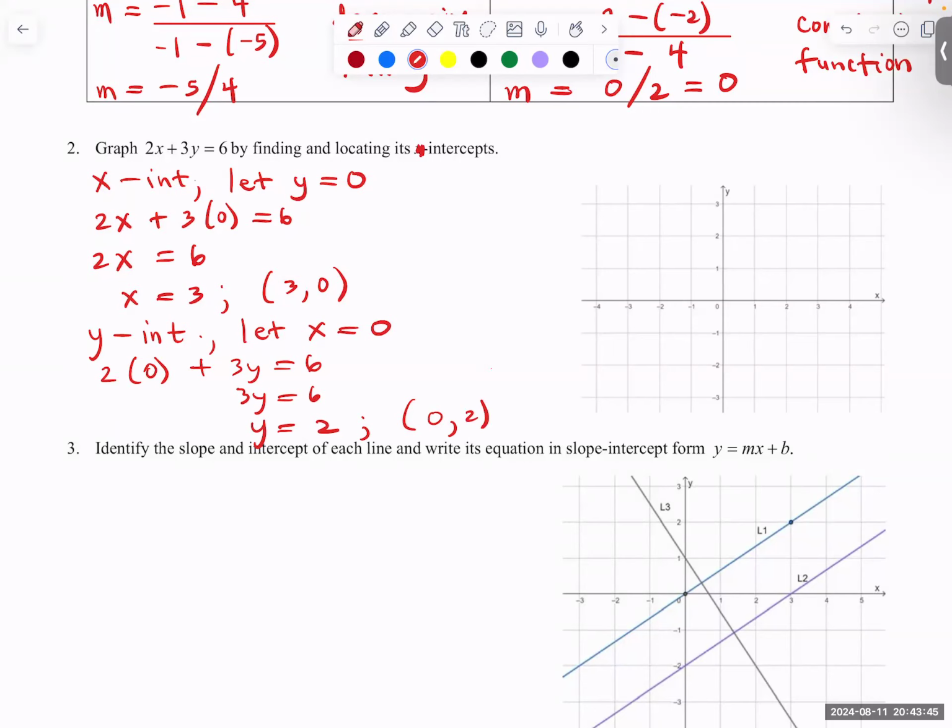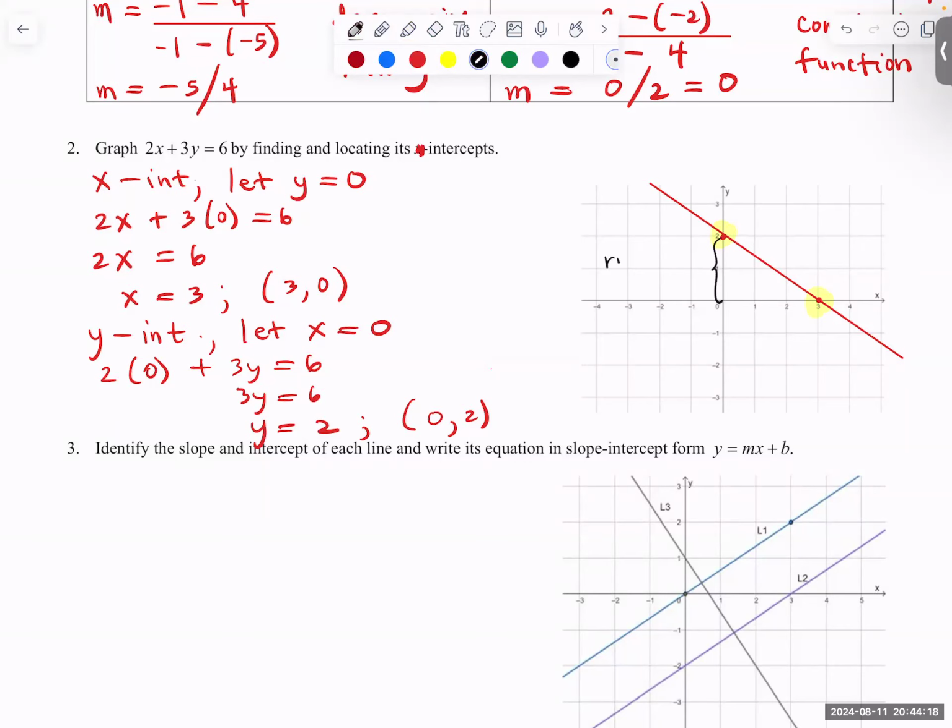So let's graph 0, 2 and 3, 0 and draw the line containing these 2 points. And the line is falling, therefore the slope is negative. And if we highlight these 2 intercepts with yellow highlighter, we can see the vertical rise is -2 because we're dropping down 2 units here.